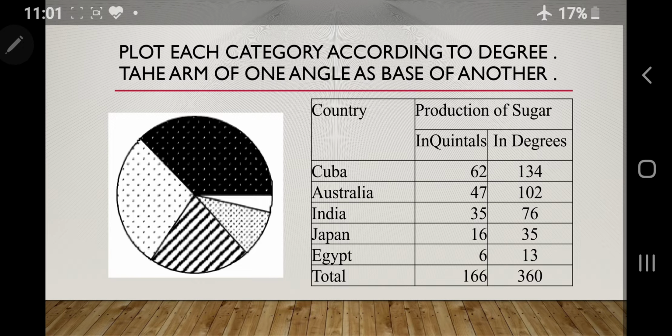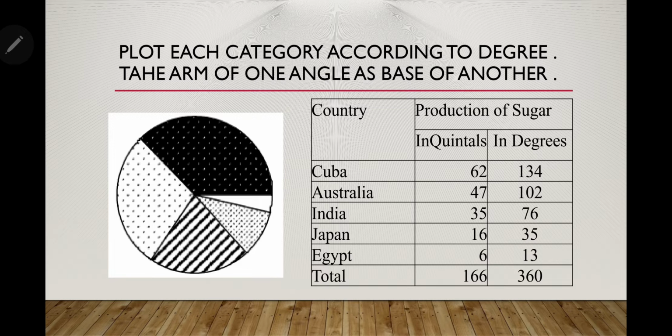Next step is to show these degrees in the circle, or what we call a pie diagram. In order to draw the pie diagram, the best way is to keep your D like this with radius as your base. Keeping this horizontal radius as base, draw the first angle. For example, here it is 134 degrees. After drawing this angle, take arm of this angle as base of the next angle, that is 102.